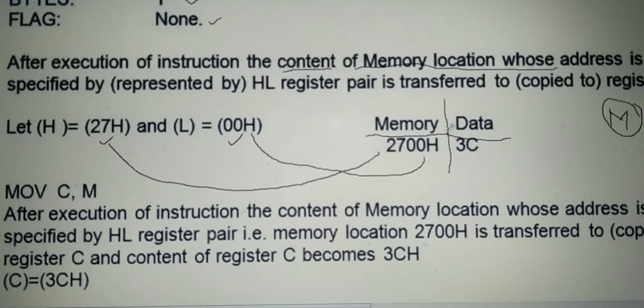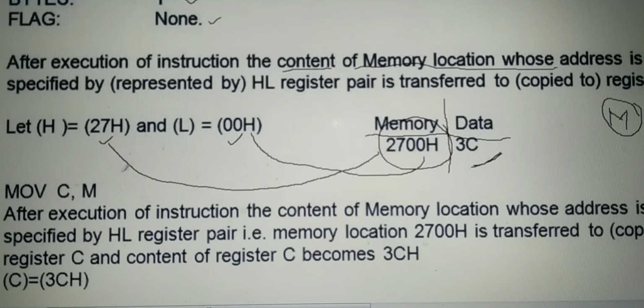For example, suppose in that particular memory location the number 3C is there. After execution of the instruction MOV C, M: M means data is to be transferred from a memory location, and who represents the memory? The number in the HL register pair represents the memory.